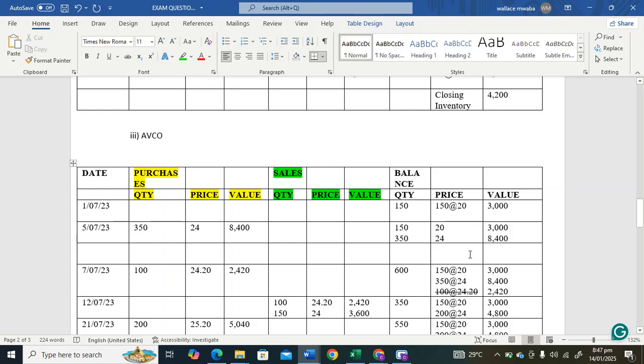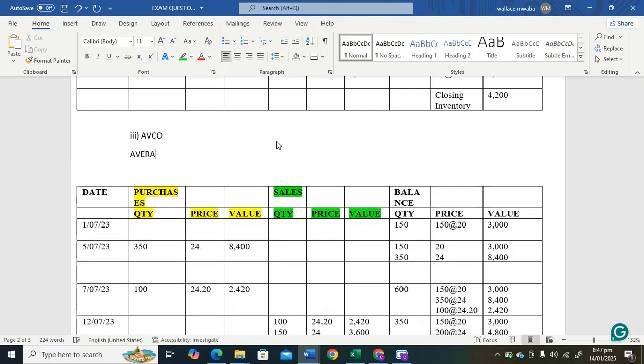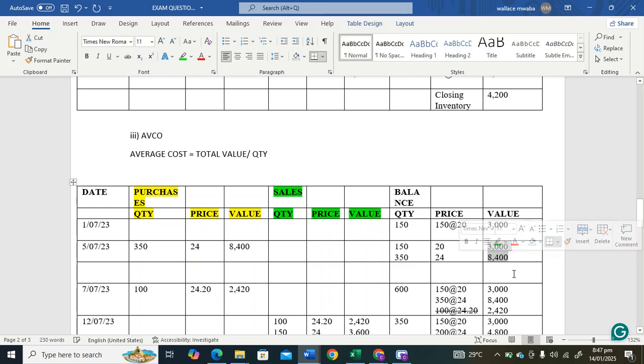So in order to get the average cost of goods, okay, it is the total value of the goods. Let me write this down. Average cost of the goods is the total value of goods divided by the quantity. So here, 3,000 plus 8,400, we get 11,400. 150 plus 350, we get 500.